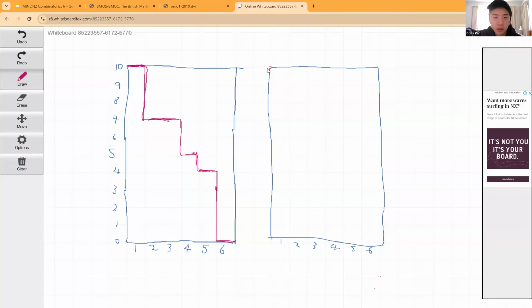In fact, any path you draw that strictly goes down and to the right, any random path you draw, is just a legal set of marks, because you just look at where the horizontal lines are.